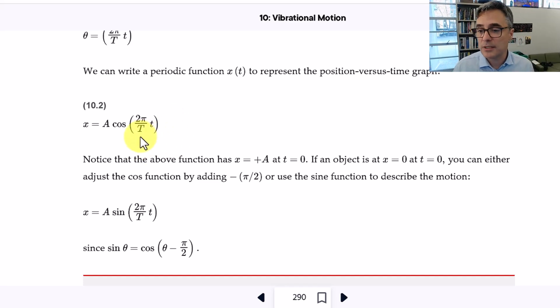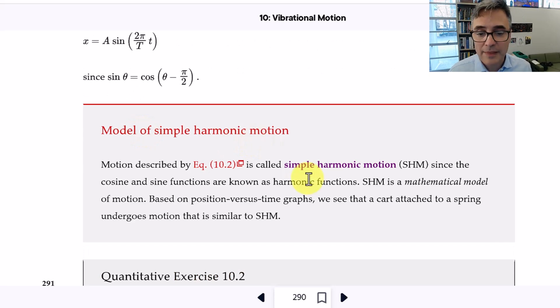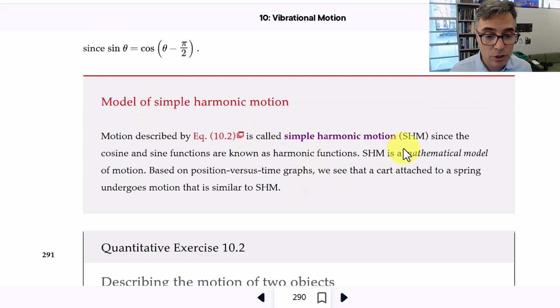As the time increases, you have these two constants, which are the amplitude of the vibration and the period of the vibration, A and this capital T. And so cosine, if you look at a cosine curve, it looks like that wavy thing. So this equation gives you x as a function of t. So you plug in different values of t, and you'll see it going up and down and up and down. And that's what's known as simple harmonic motion, SHM.